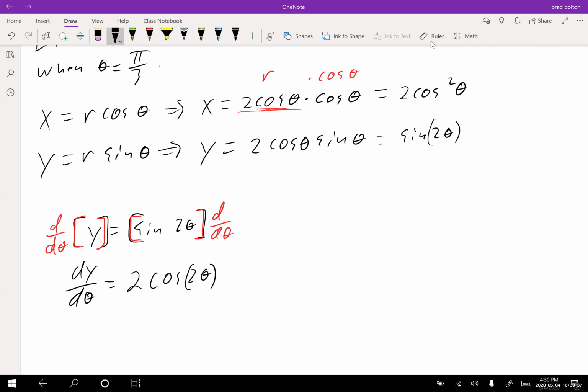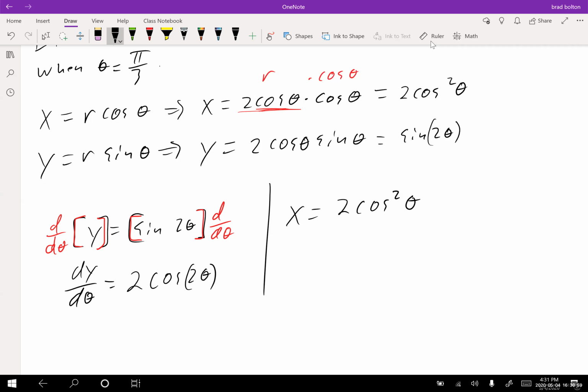Sorry, there's a saw in the background and I'm having trouble concentrating. So the derivative of sine would be cosine 2 theta times 2. Yep. Okay. So then we have x is equal to 2 cosine squared theta.